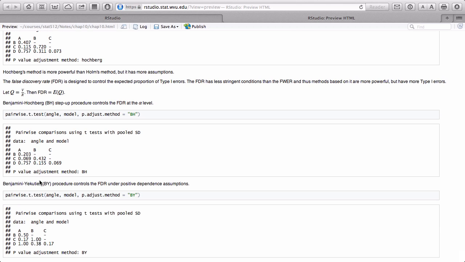There's another one, the BY, that's even a little bit more liberal, and it controls for what are called positive dependencies, whereas the first one assumes independence of the comparisons. So the BY is perhaps one you may want to use if you have a lot of comparisons.